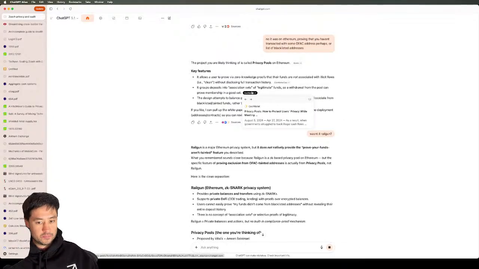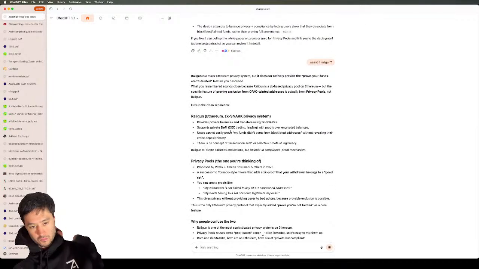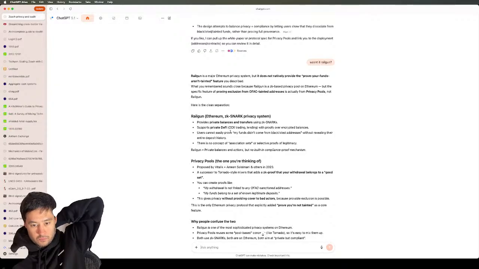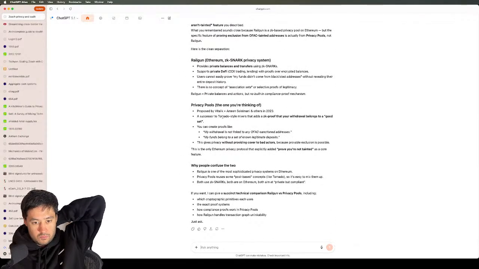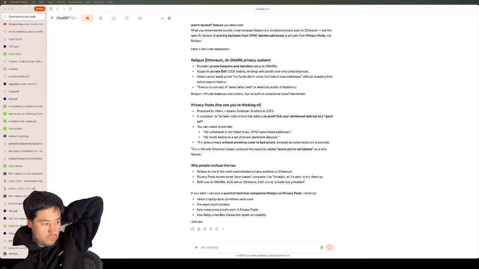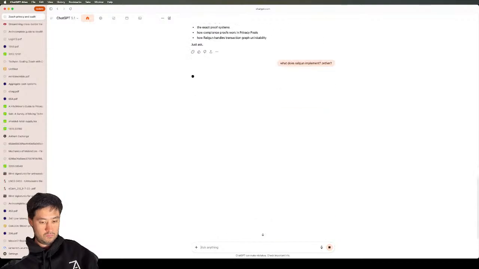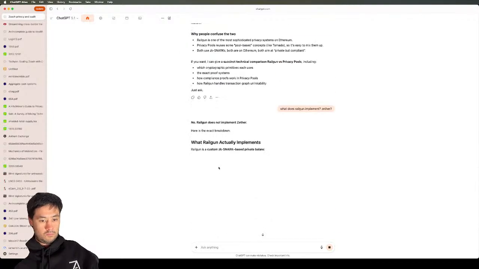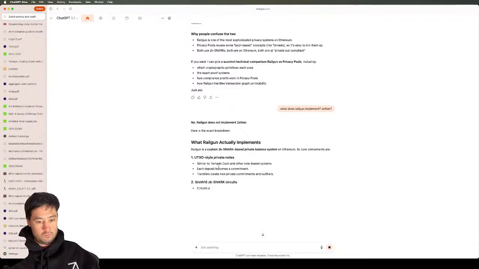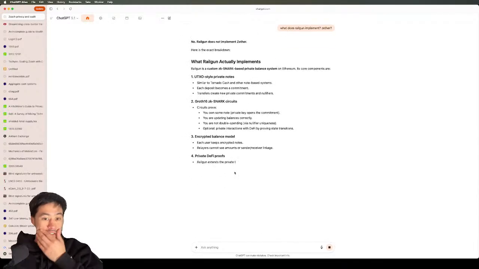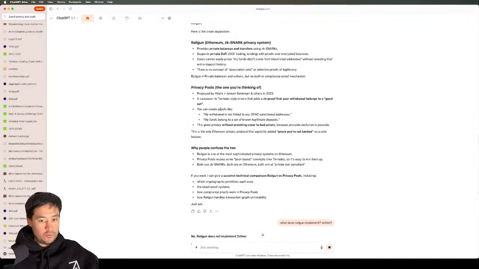Privacy pools, I guess. Tornado Cash, I guess. I mean, shielded pool. Privacy pool.